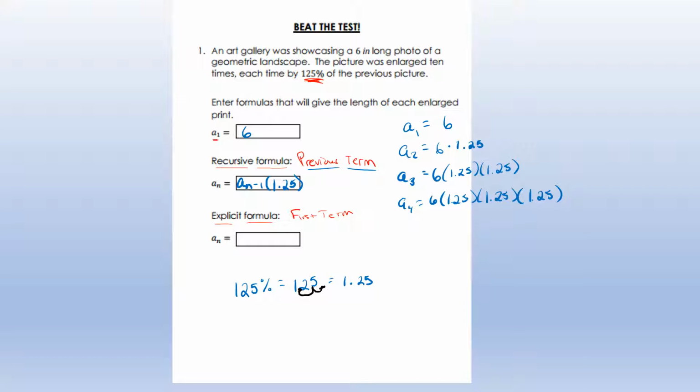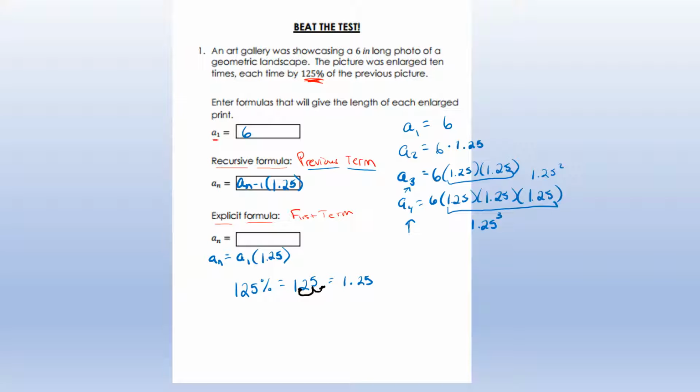In the explicit formula, we're using the first term. And we multiply by 1.25 how many times? Well, if we were looking for the fourth term, I multiplied by 1.25 to the third power. If I was looking for the second term, we multiplied it to the first power. For the third term, the second power.